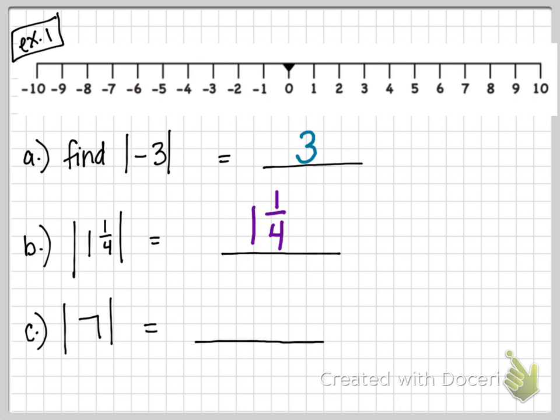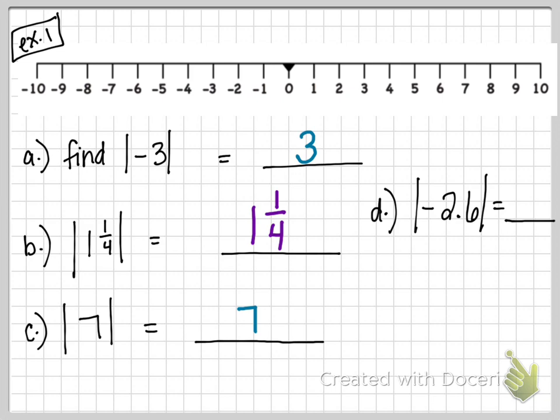What about the absolute value of 7? Modibo. The absolute value of 7 is going to be 7. Very good. It's also 7. We know that 1, 2, 3, 4, 5, 6, 7 units from 0 is 7. And finally, with a decimal. What is the absolute value of -2.6?